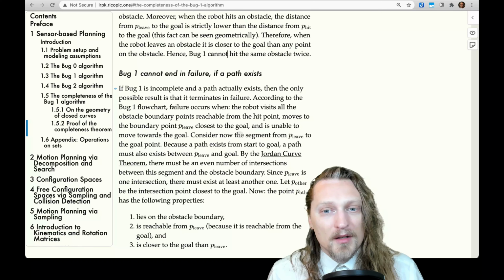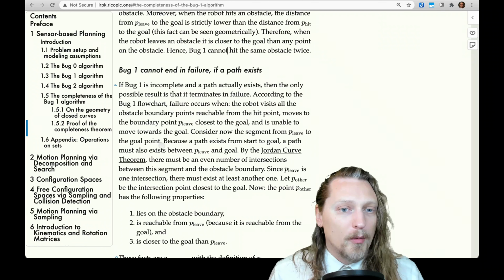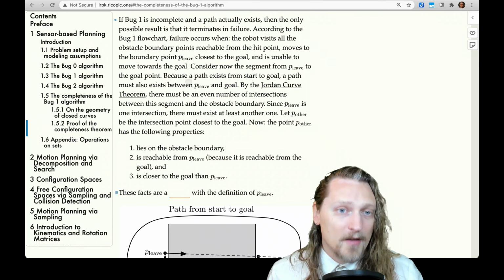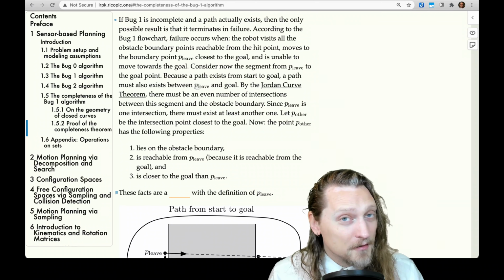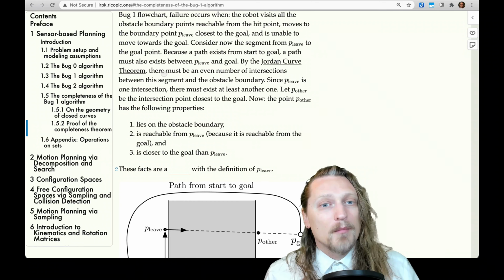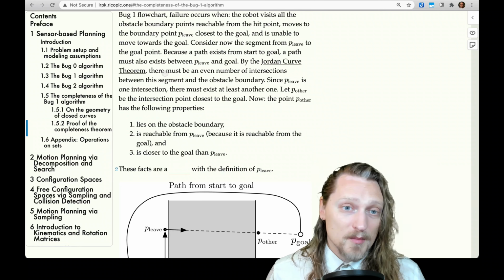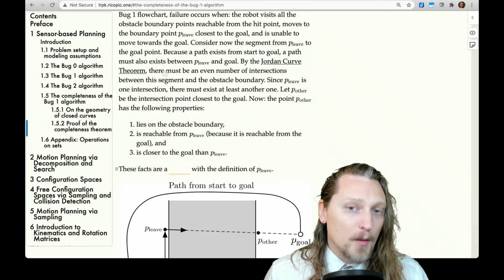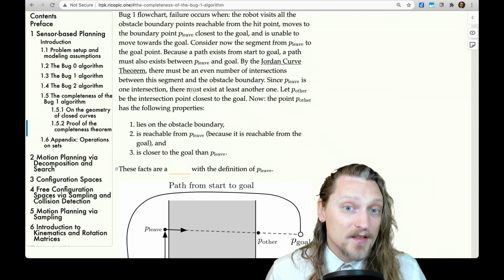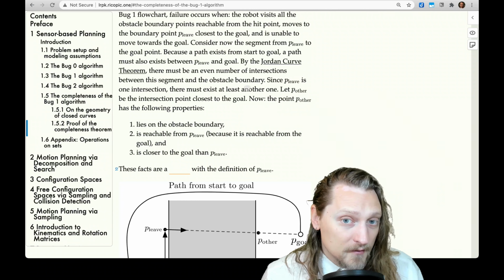Consider now the segment from P leave to the goal point. Because a path exists from start to goal, a path must exist between P leave and the goal. By the Jordan curve theorem, there must be an even number of intersections between this segment and the obstacle boundary. Since P leave is one intersection, there must exist at least one other one.